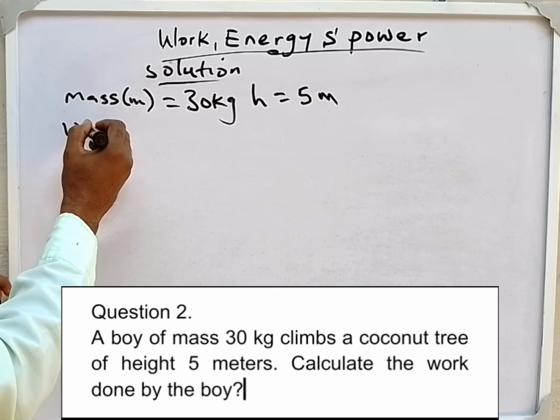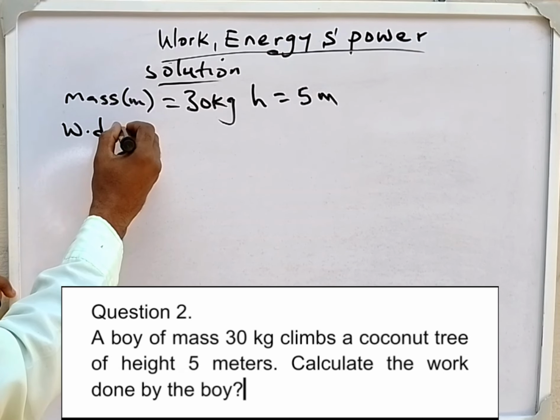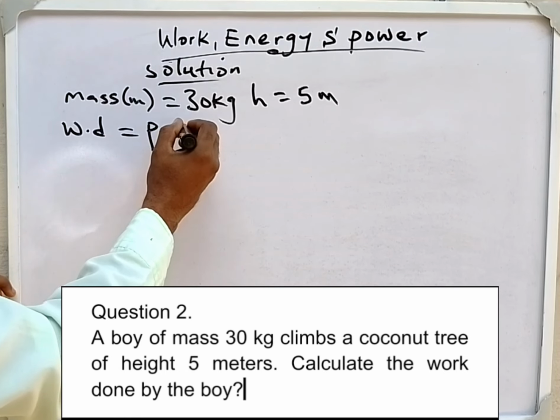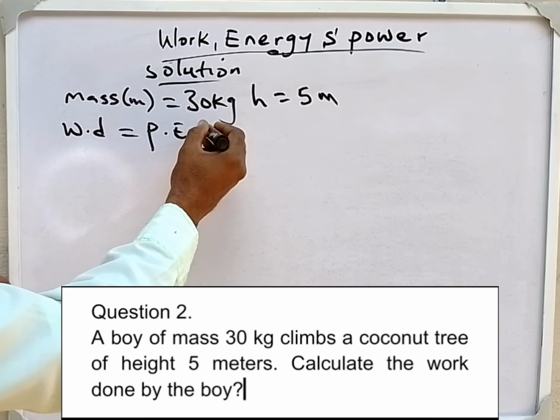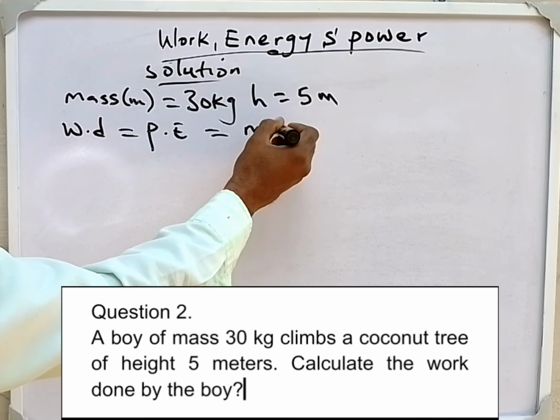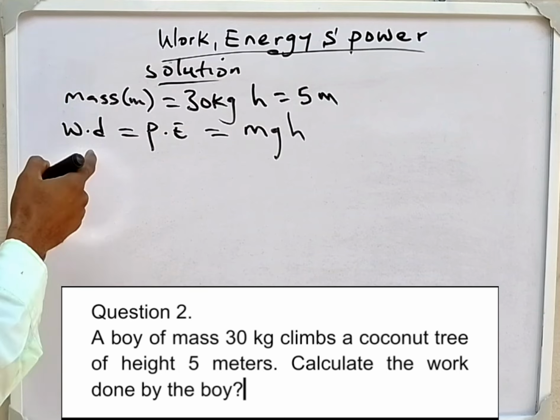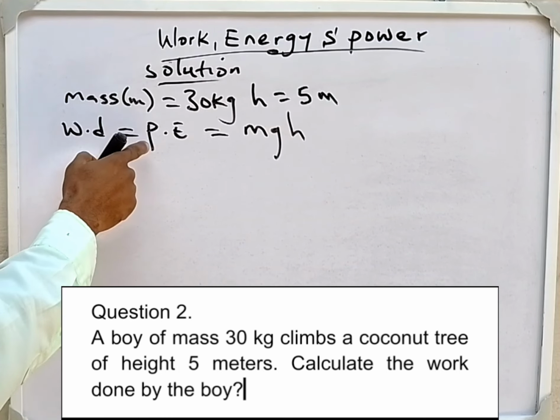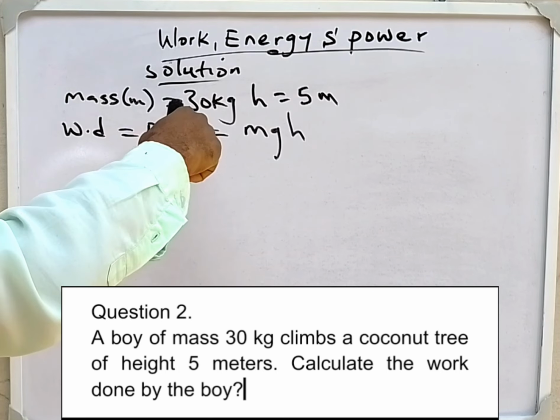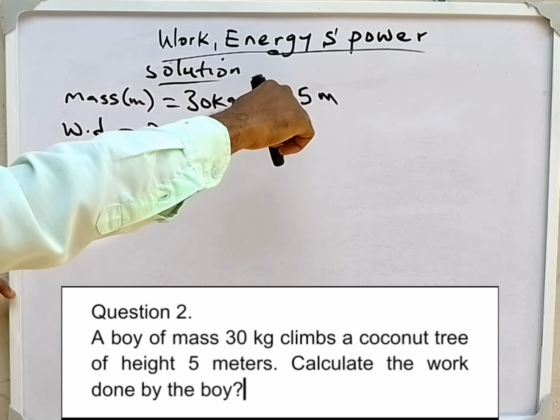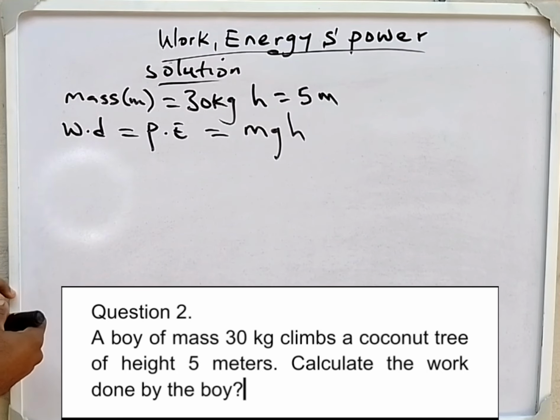So, what is the work done by the boy? Work done by this boy is equal to the potential energy, and it is equal to mgh. So, work done by the boy is equivalent to the potential energy possessed by the boy when the boy gets to that height of 5 meters.